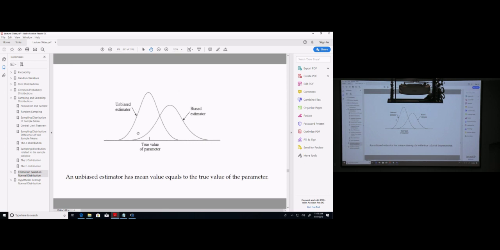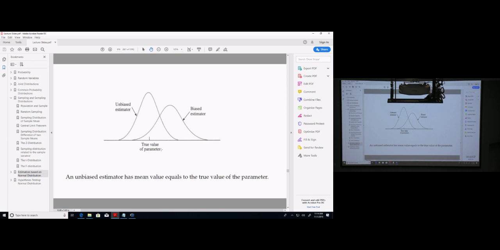So it may not be symmetric. But say, if I find the mean of this curve happens to be the same as this, then this is unbiased. But if you look at this curve here, it suggests that this estimator is not only biased, but most of the time it will overestimate the true value, all right?